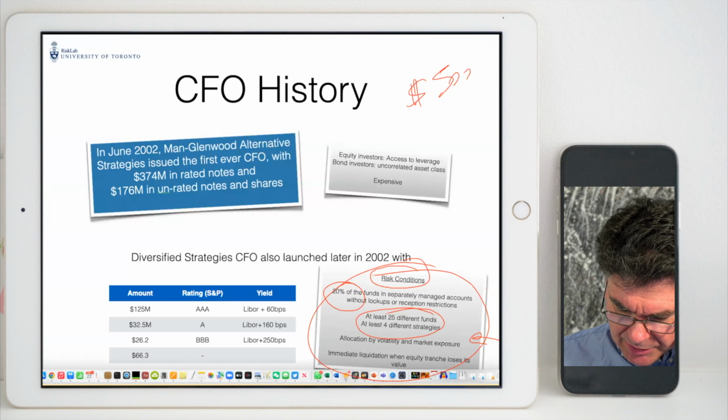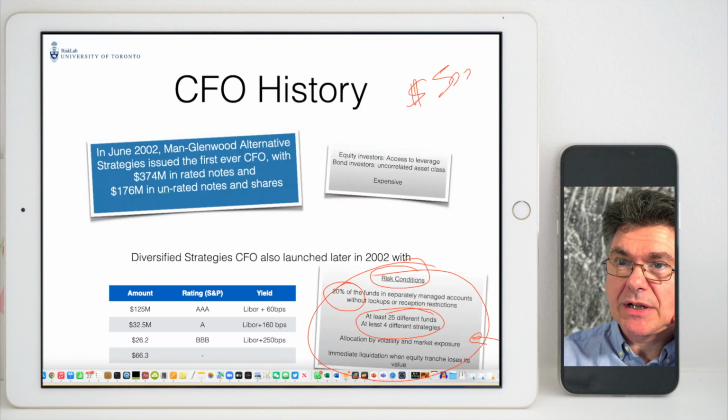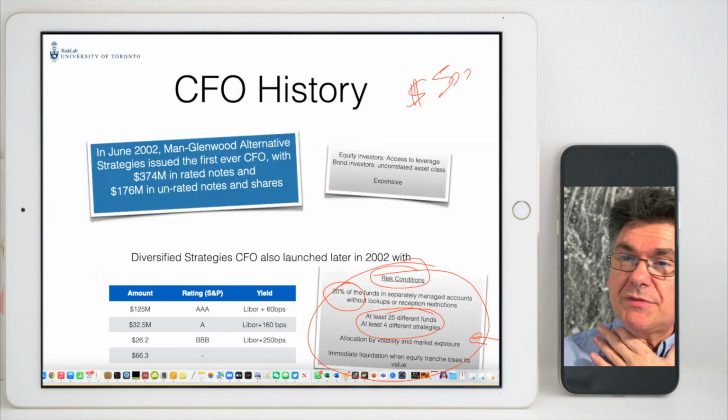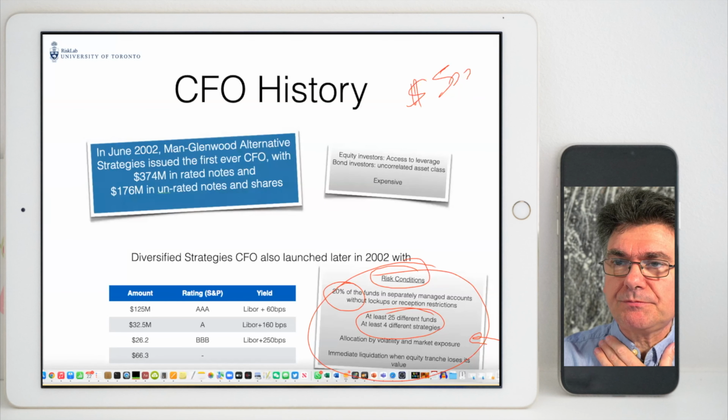Okay? They understand in the risk conditions how you allocate by volatility, your market exposure, the implication of the funds, the different strategies, and all of that. We have seen it all in this course. Everything comes together in this particular example. That's one of the reasons why I like it.